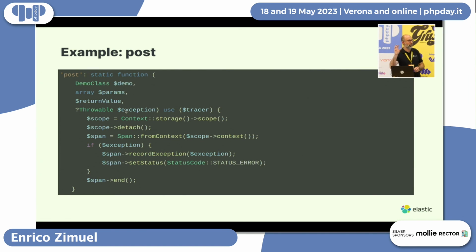So imagine that the function that you executed, the run, throws an exception, right? We want to get this information also using the post. So we have here the exception that is passed to the anonymous function, and if there is an exception, you can just record the exception, putting a status, whatever. So it's very, very powerful.